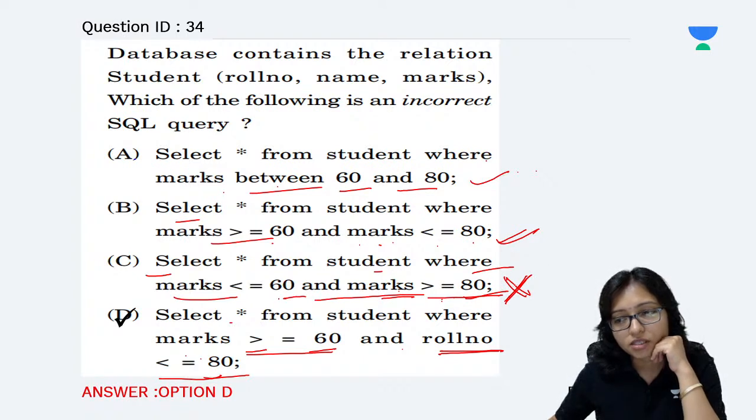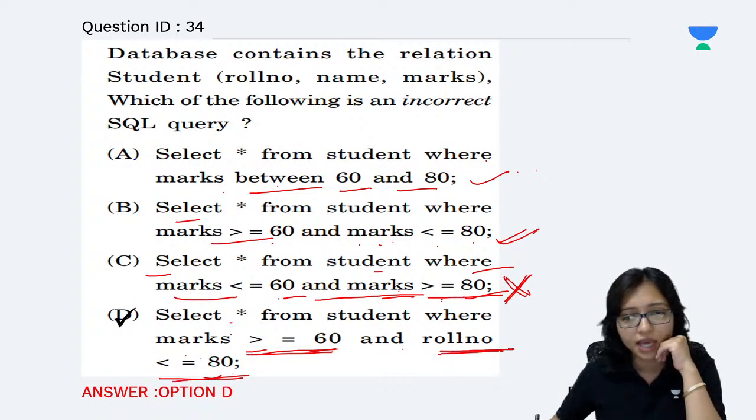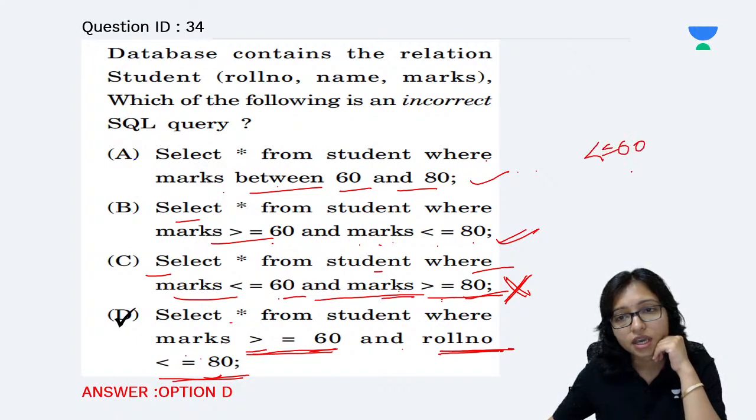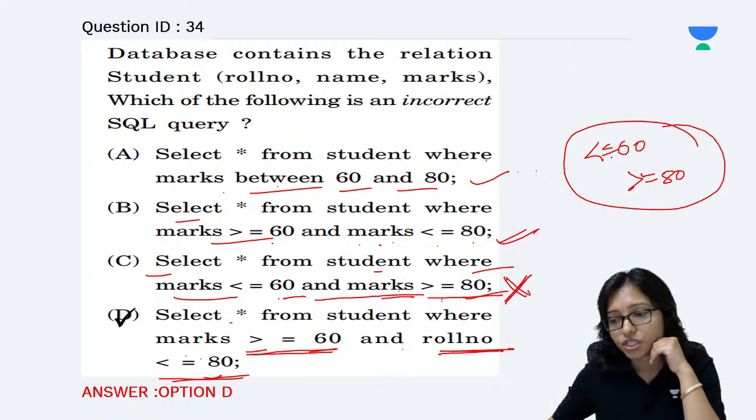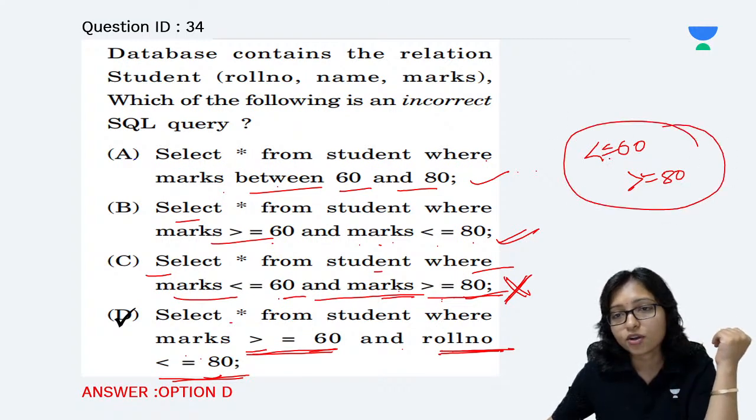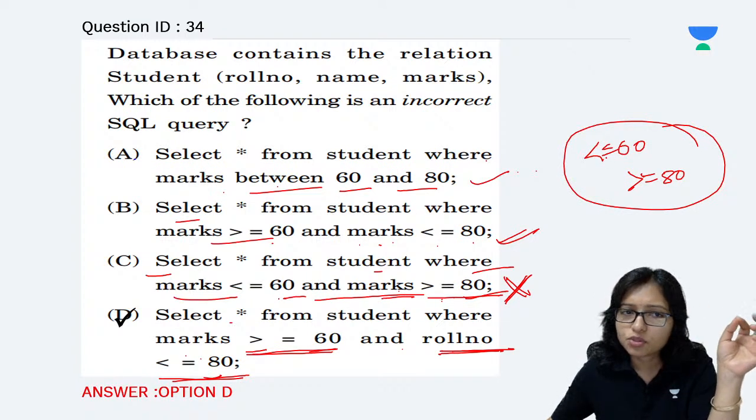Okay. Yes. Option D not, because greater than 60 and roll number less or equals to 80, it can happen. But here I am telling less or equals to 60 and greater or equals to 80. This is an invalid logic. That's why, less than, which one? Incorrect SQL query.